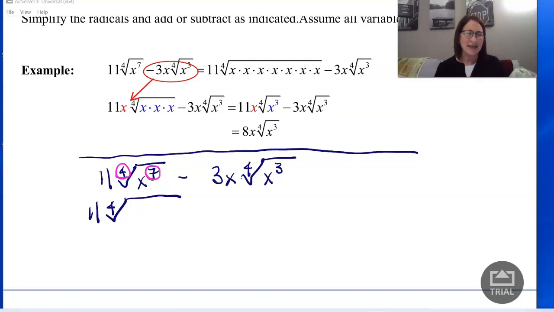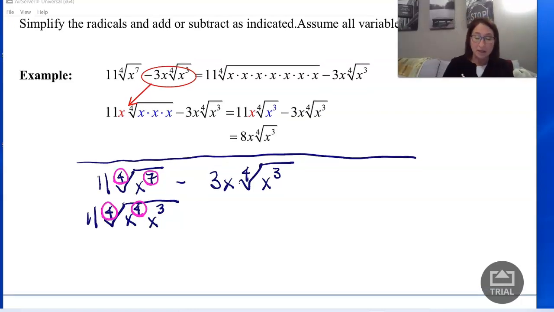I'm going to take that 7 and count backwards until I get to a multiple of 4. So that'd be 7, 6, 5, 4, stop there. So I've got x to the 4th, and then I've got 3 x's left over because 7 minus 4 is 3.